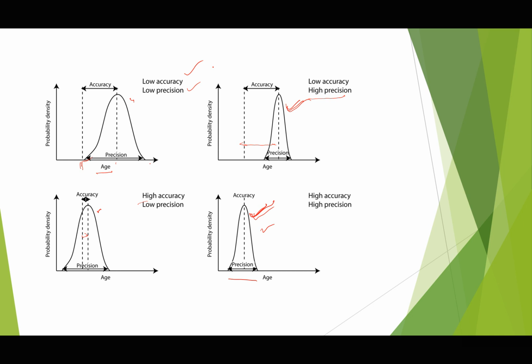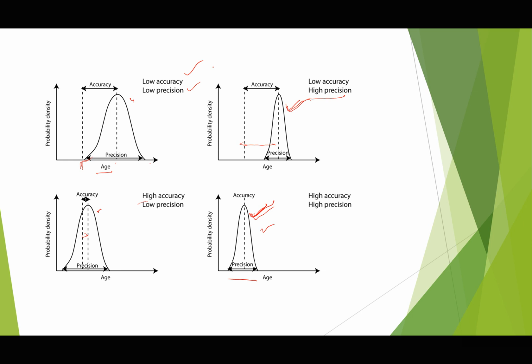In conclusion, precision refers to how close the measured values are to each other. That makes the values either close to each other, for high precision, or far from each other for low precision.